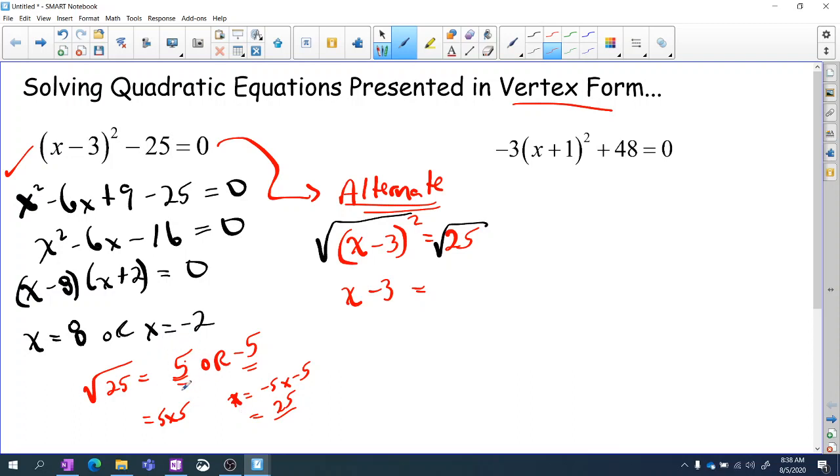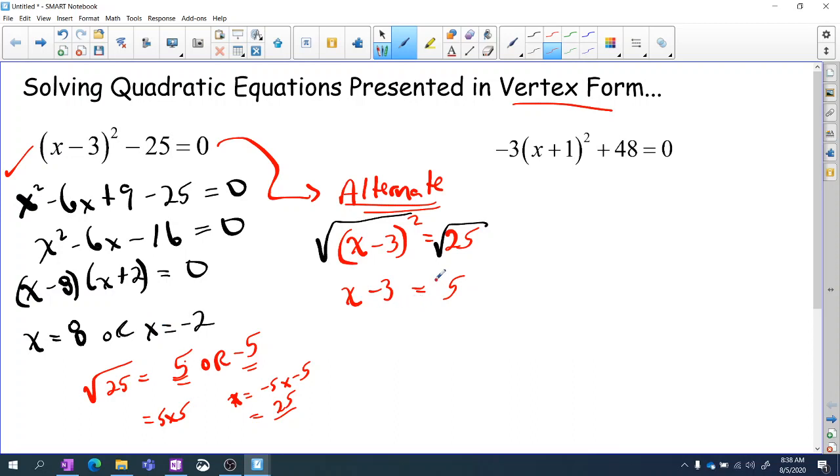Now the number 5 here is what we call the principal square root. This negative 5 only becomes an issue when you're trying to solve for an unknown. So in this case, I'm trying to solve for x. If I just do the principal square root and do 5, all of a sudden this equation, which we know has two answers, is going to appear that it only has one answer.